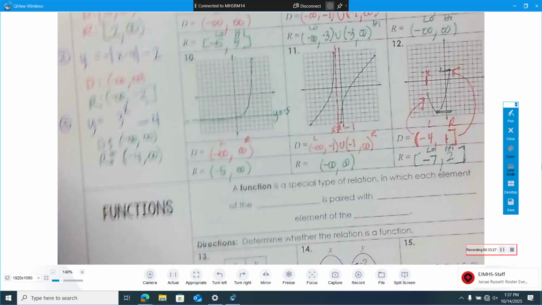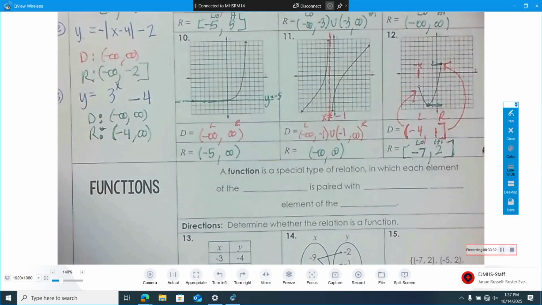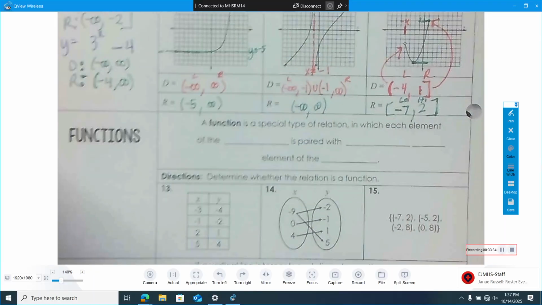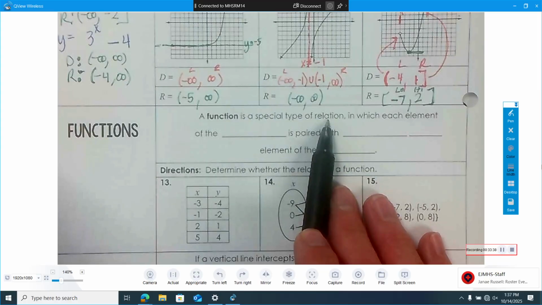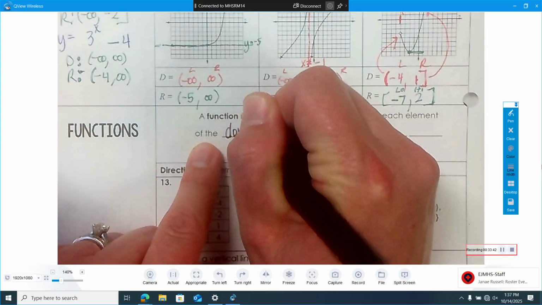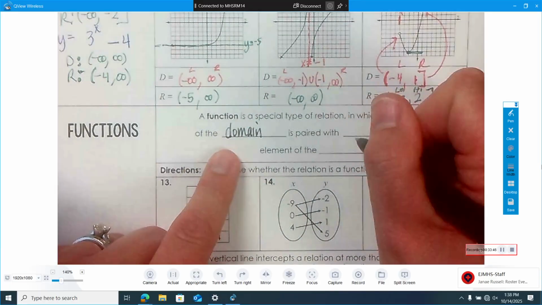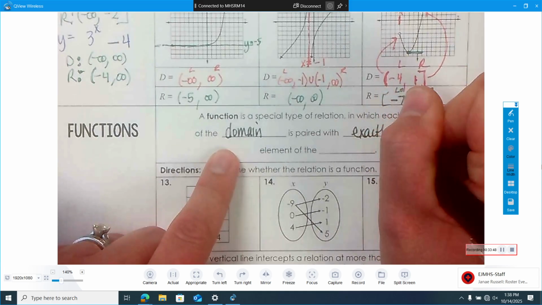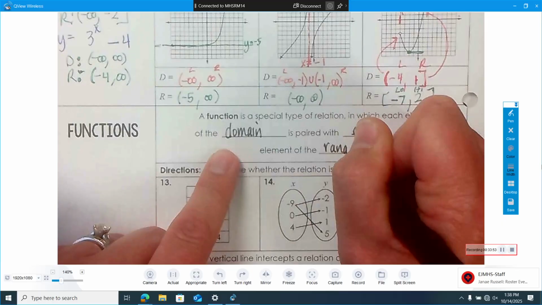Okay, great. So then, we have some questions in Delta Math about whether something is a function or not. A function is a special type of relation in which each element of the domain is paired with exactly one element of the range.